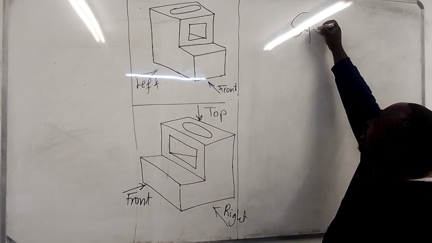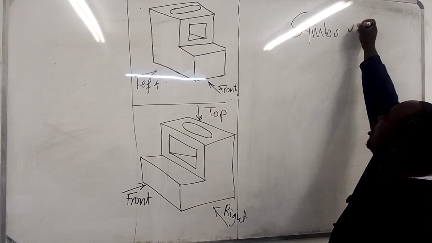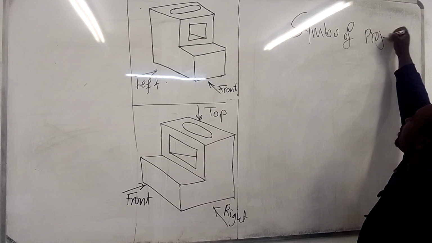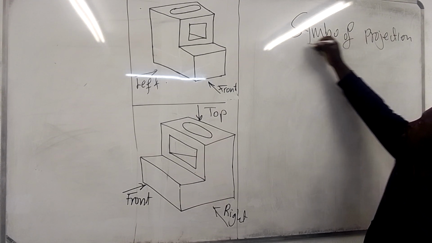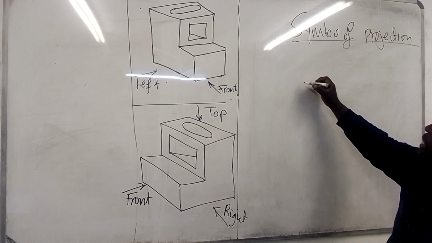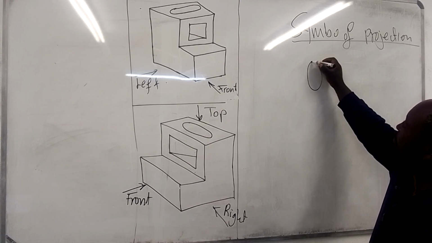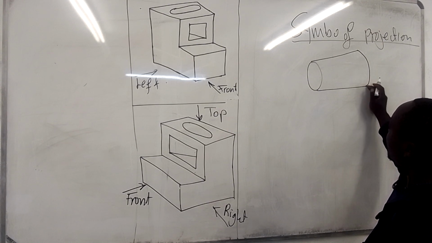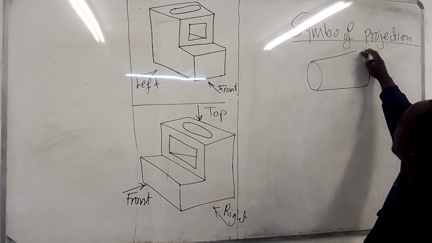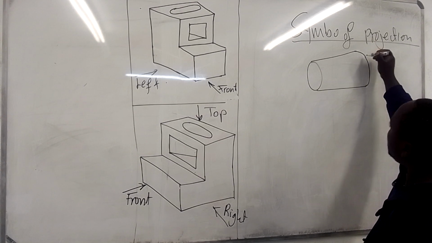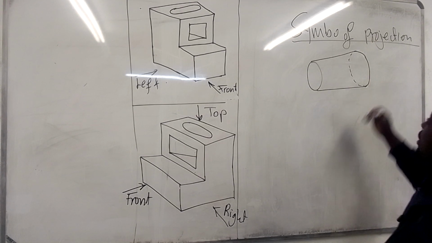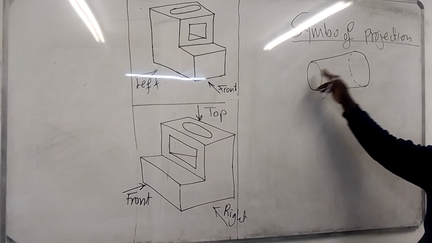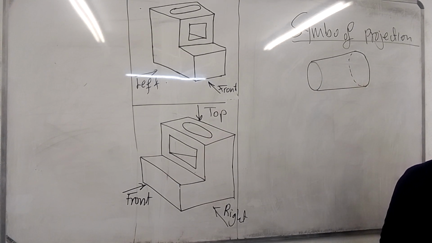This is the symbol of projection. I have this cone, my beautiful cone. Like this, one side is smaller, the other side is wider.